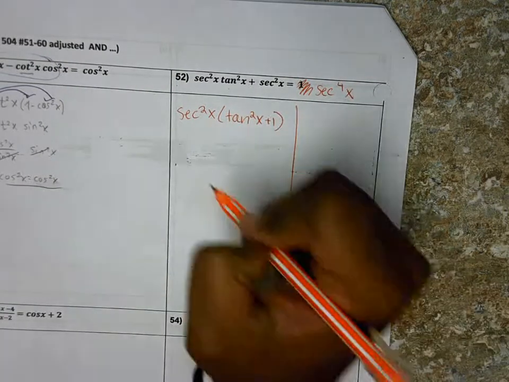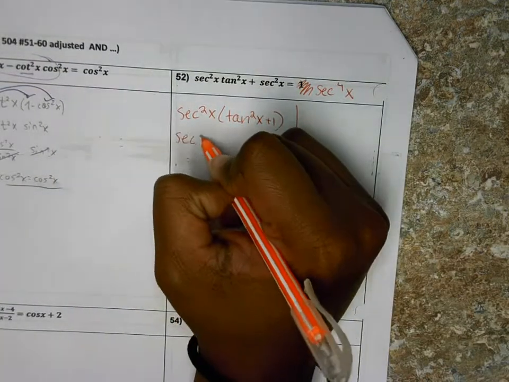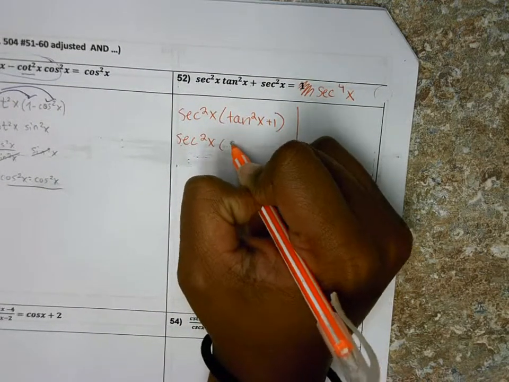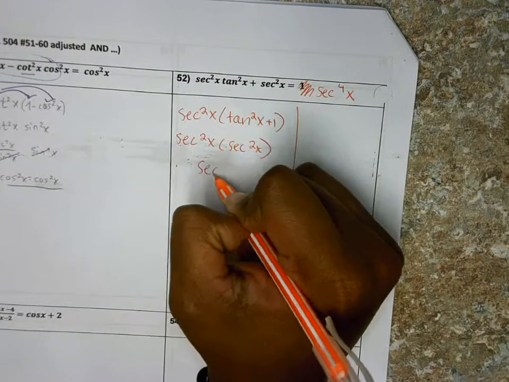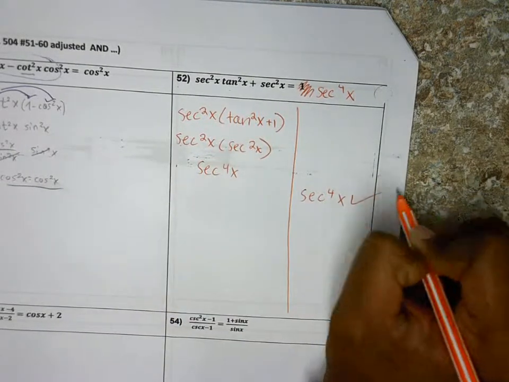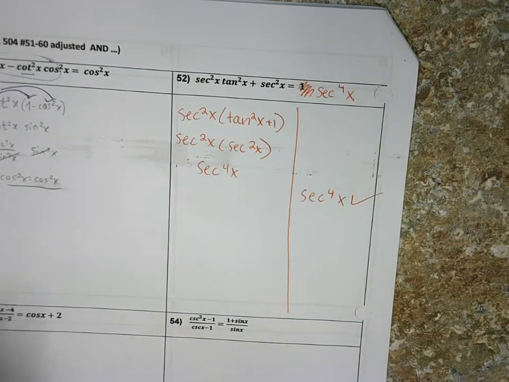The tangent squared x plus 1 is an identity. And you change that. And then you're multiplying them by each other, which then equals secant fourth x.